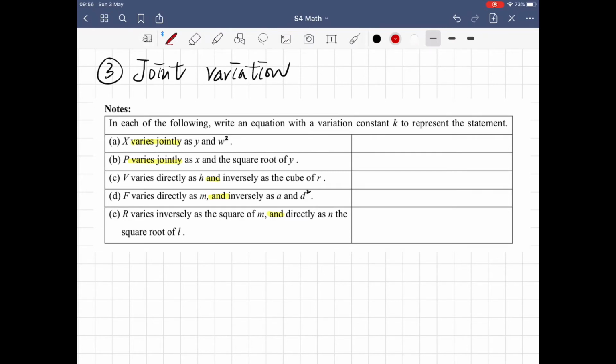So for joint variation, we just put all the things together using one unknown, k. So for part A, x equals k y w squared. Okay, and for part B, we have p equals k x and then the square root of y.